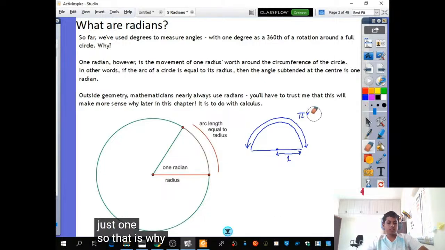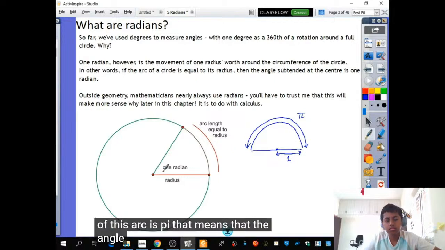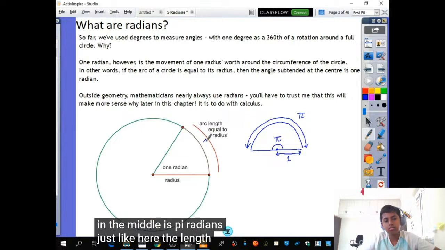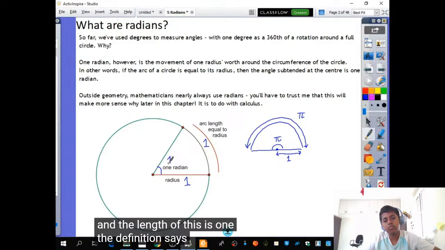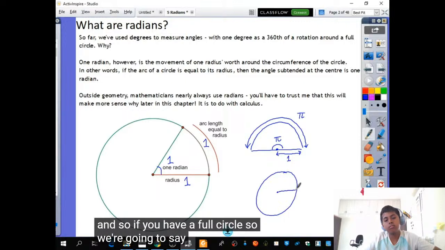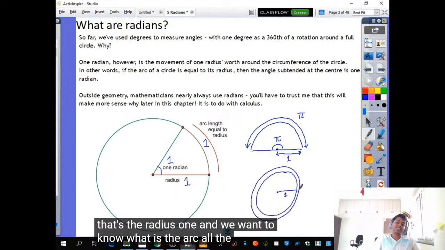So because the length of this arc is pi, that means the angle in the middle is pi radians. Just like here, the length of this is 1 and the length of this is 1. The definition says that's 1 radian. So if you have a full circle with radius 1, we want to know how many radians is the arc all the way around the outside.